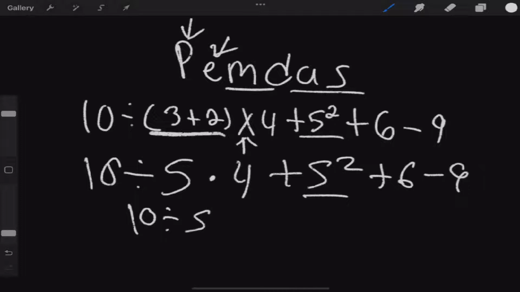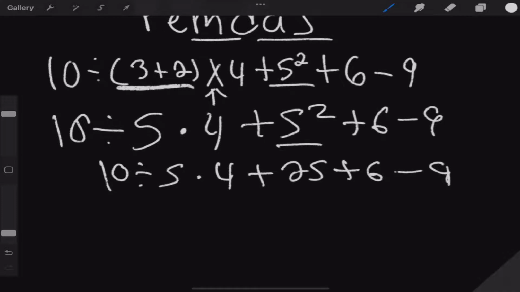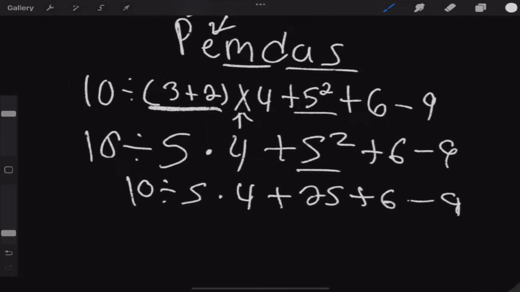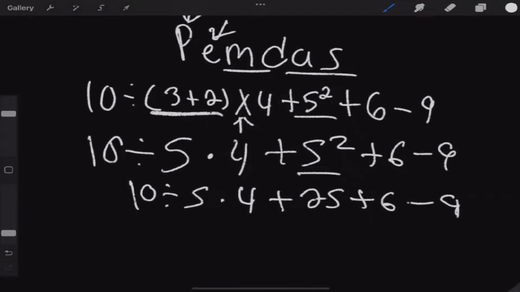So 10 divided by 5 times 4 plus 25 plus 6 minus 9. You're basically just doing one step at a time, going down, going down. So right here, our M is multiplication. But really quickly, you can see I have MD underlined and AS underlined.